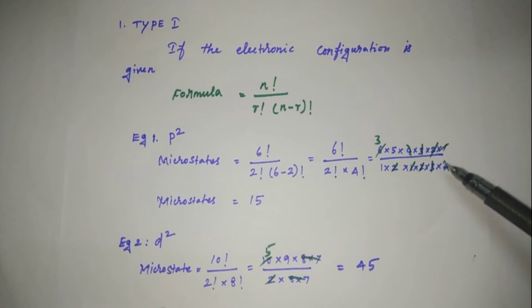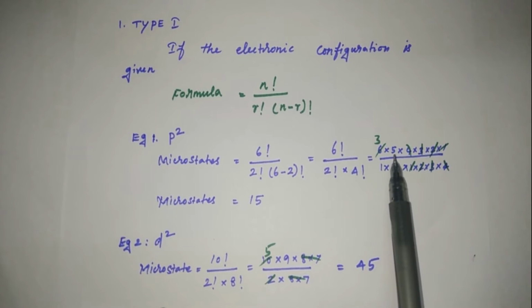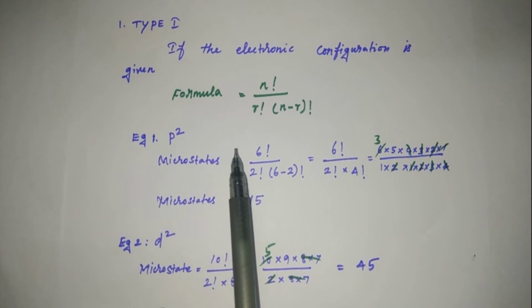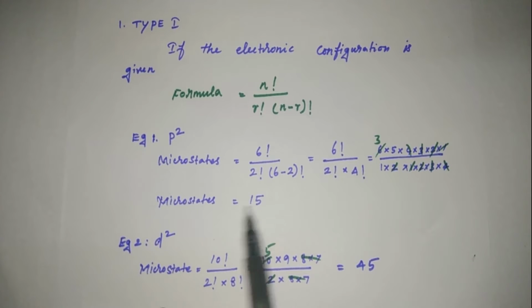We can cancel the values. We get 5 into 3 is 15. In the p2 electronic configuration, there are 15 microstates available.